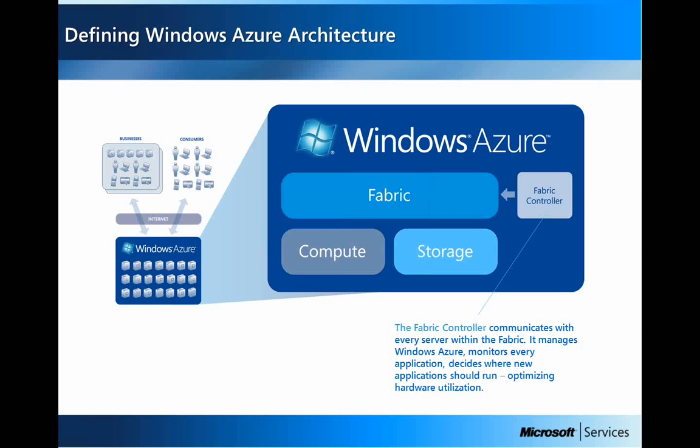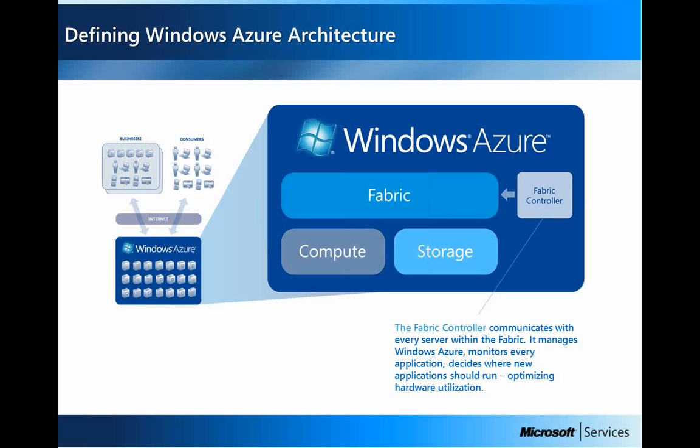So when the Fabric controller receives this new application, it uses the configuration file to determine how many web role and worker role VMs to create. Once it creates these VMs, the Fabric controller monitors each of them. If an application requires 5 web roles and one of them dies, in that scenario, Fabric controller will automatically restart a new one.